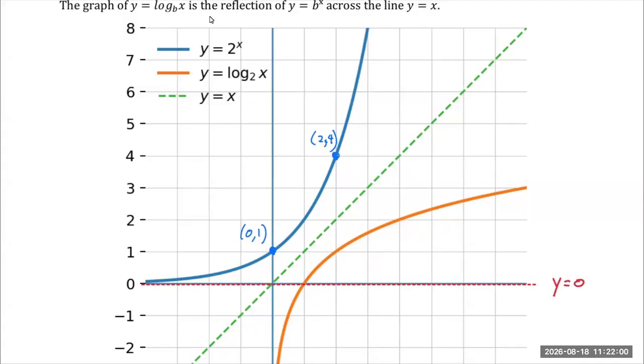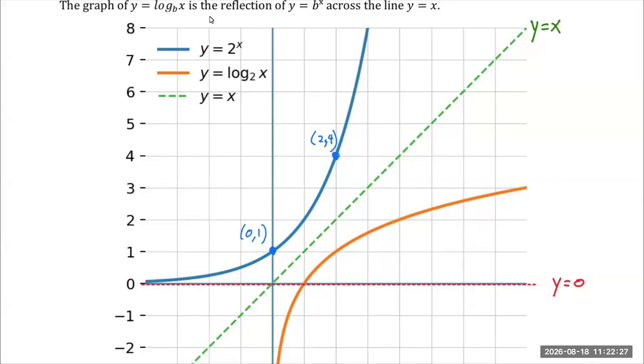If you look at this dotted green line, this dotted green line is the curve y equal to x. And we learned before that there's a relationship between the graph and its inverse. Its inverse is obtained by flipping this graph across the line y equal to x.